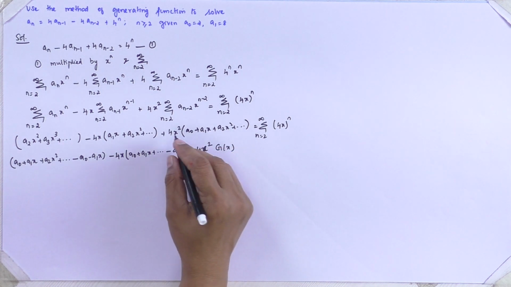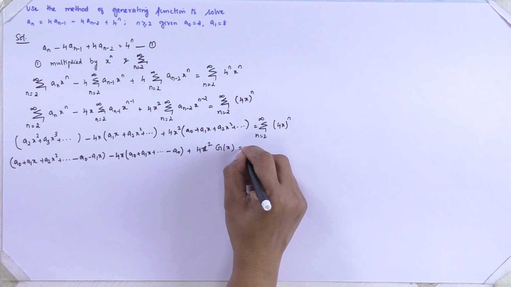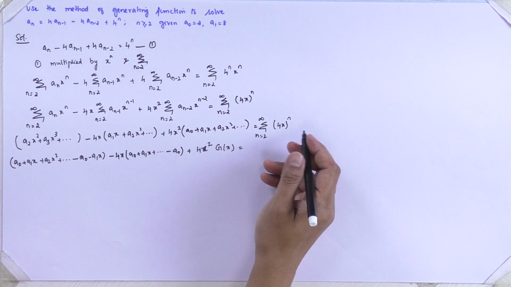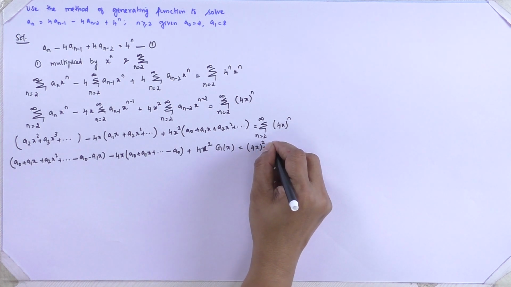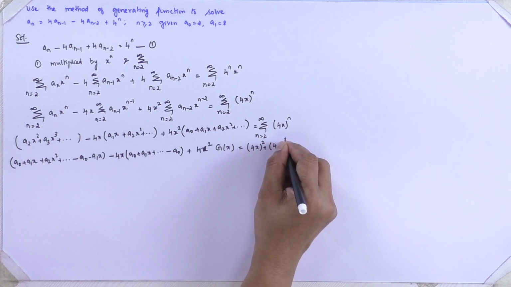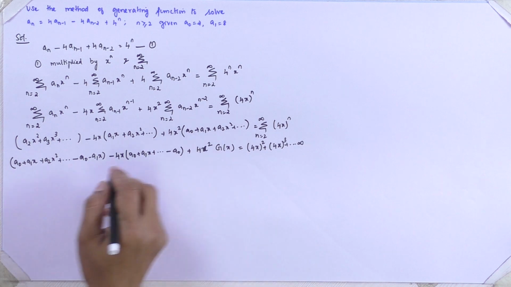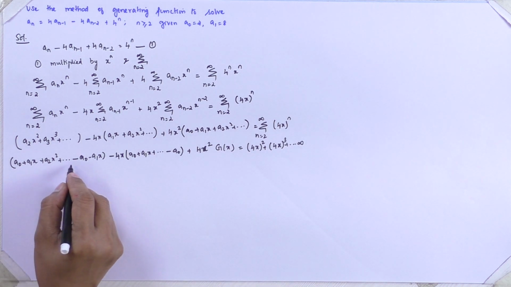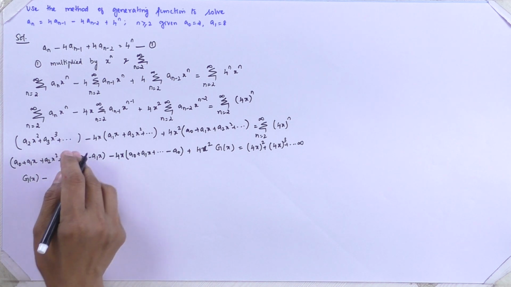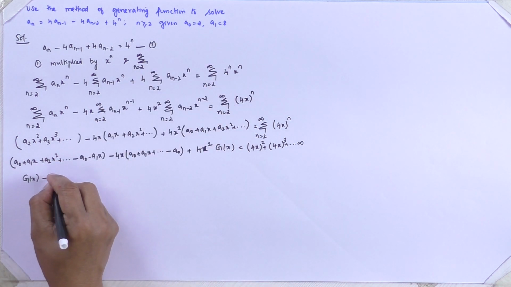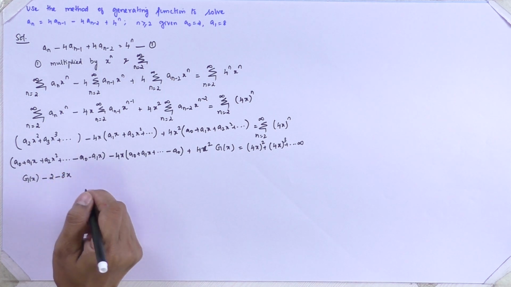Plus 4x square into g of x, which is equal to, I can give the values over here. N is 2, I will have 4x the whole square, n is 3, I will have 4x the whole cube, plus so on till infinity. Now see here, all these terms I can write as g of x minus a naught, which is 2, minus a1, which is minus 8x.